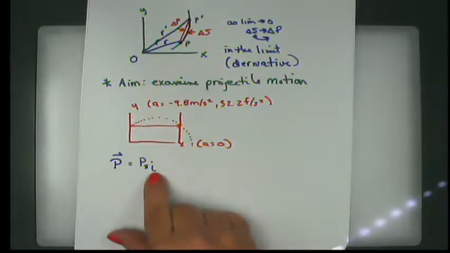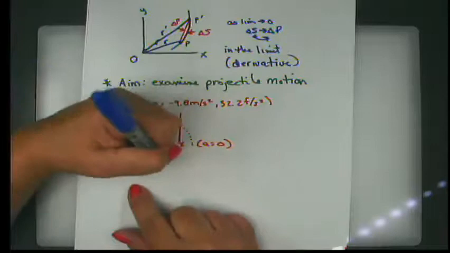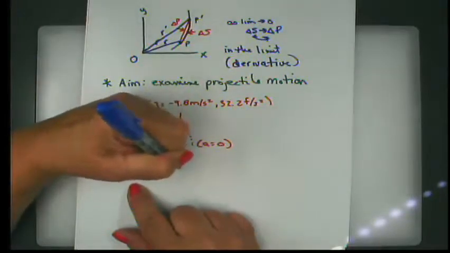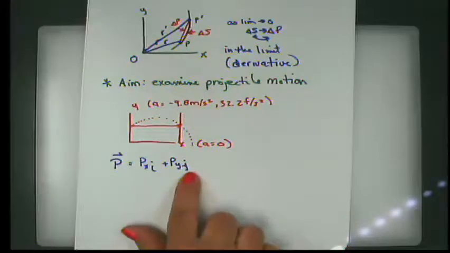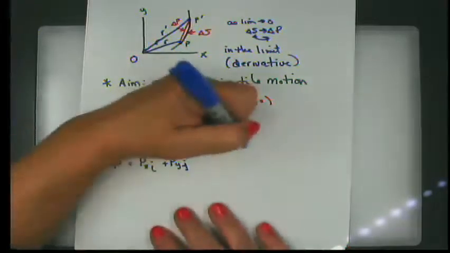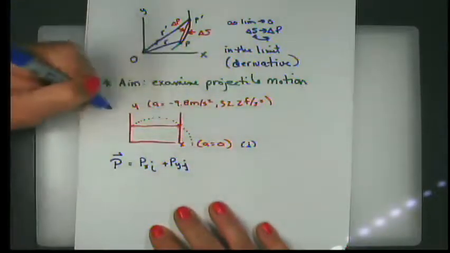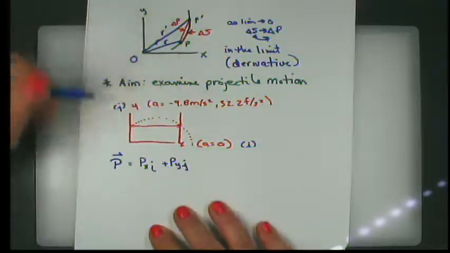This represents the component of the position in the x direction, and some y component times the j unit vector. So the unit vector here is called i, and the unit vector here is called j.